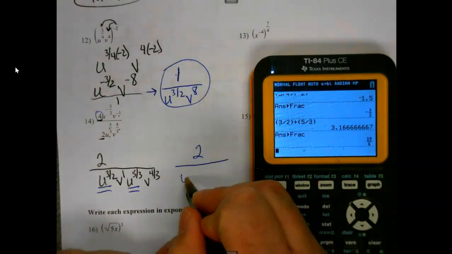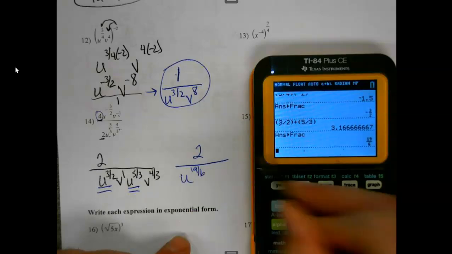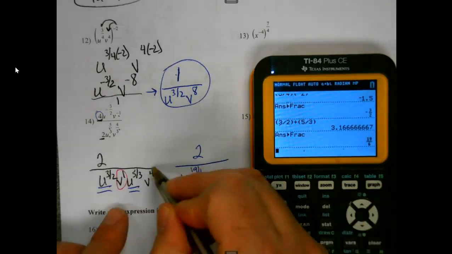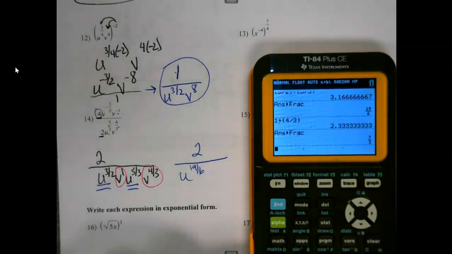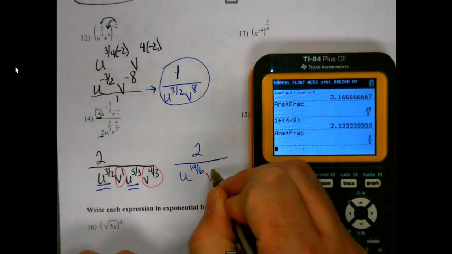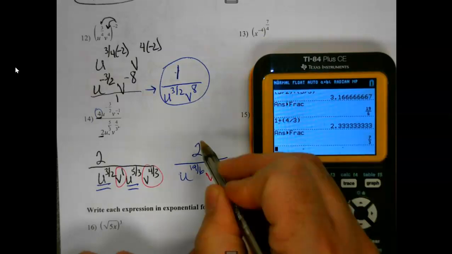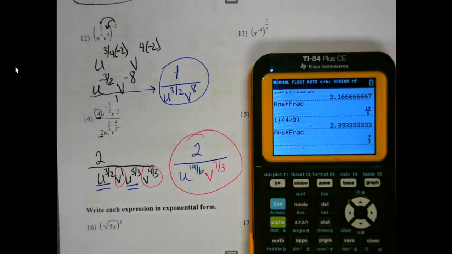So we got u to the 19 over 6. And 1 plus 4/3. And we're good to go. So you can have exponents in the numerator, the denominator, as long as they're positive. Yes, sir. Sure.